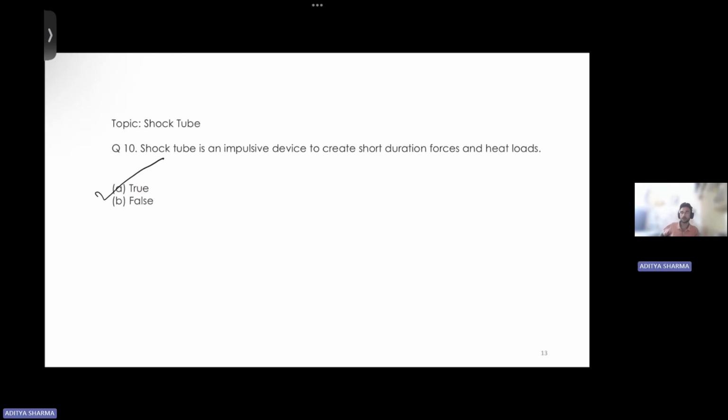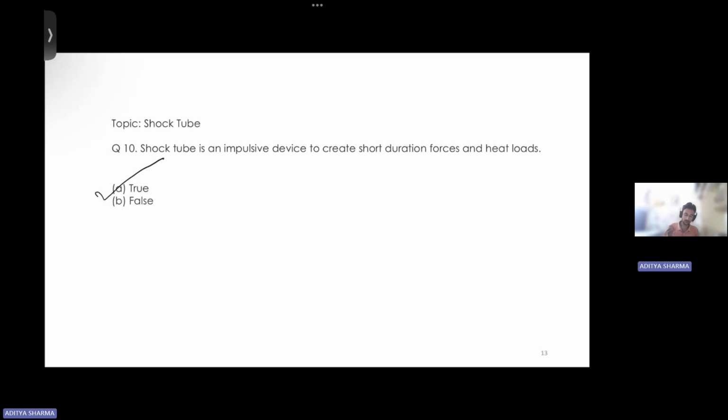Because the test duration in these shock tubes is of the order of milliseconds. And the loads that an aerodynamic model mounted in a shock tube receives, right?